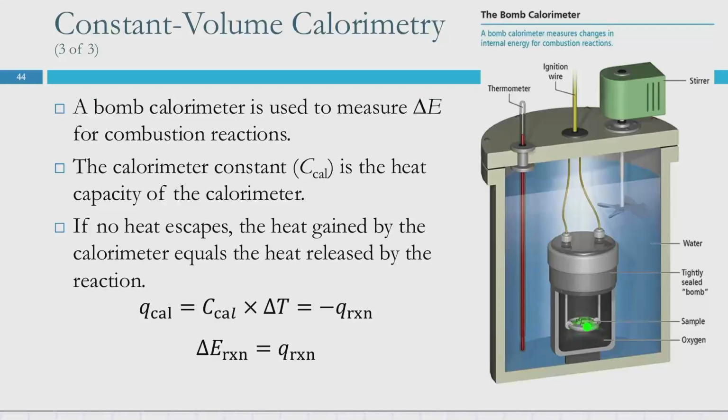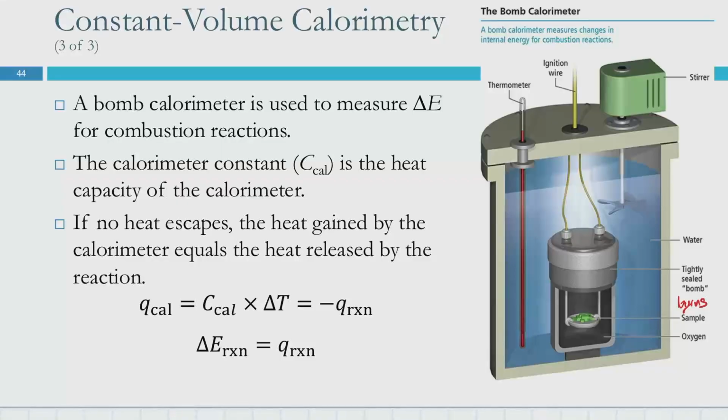We've got a sample that's got oxygen added in as well, and we've got some ignition wires. So if we pass some electrical current through those ignition wires, then the sample burns. So we're going to burn our sample by blasting it with some electricity to heat it up, and we've got oxygen in there so that it can burn.